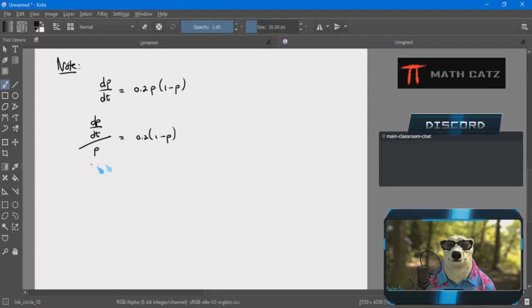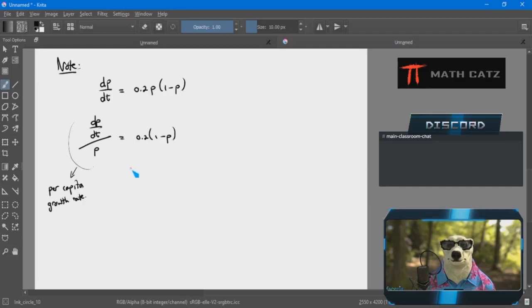Now, when I divide by the total number of people, so to speak, I get what's called the per capita growth rate. The growth rate per person, if you will.